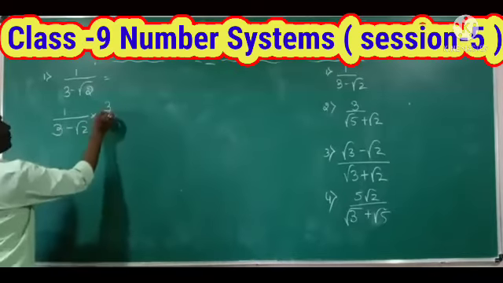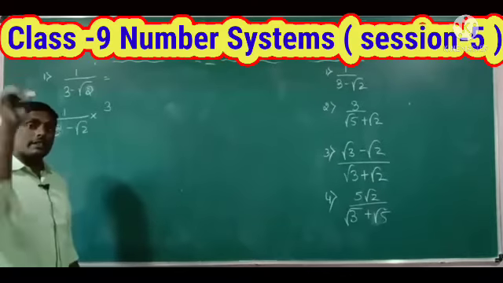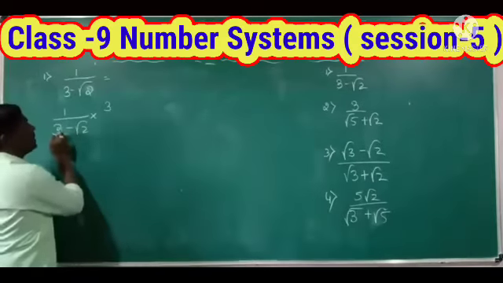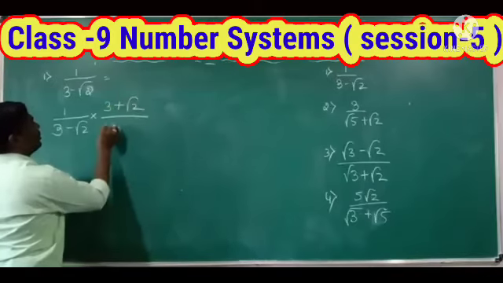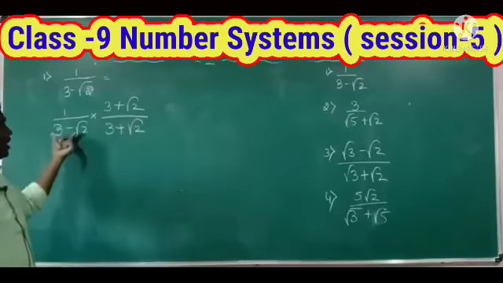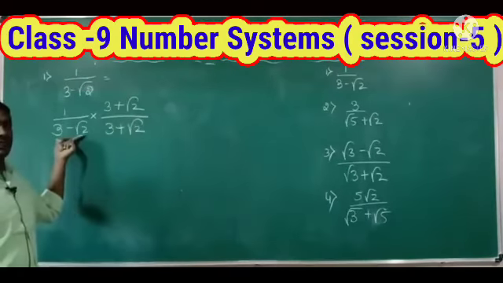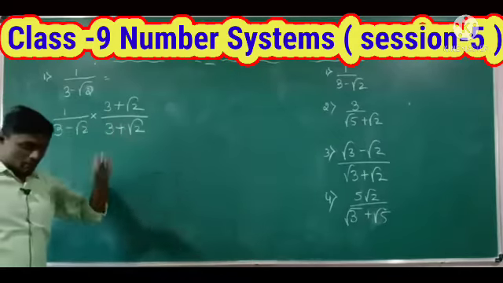So we need to multiply here the least rationalizing factor, which is 3 plus root 2 divided by 3 plus root 2. If we have two rationalizing factors, then we need to take the opposite signs.